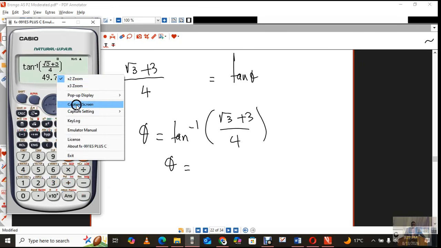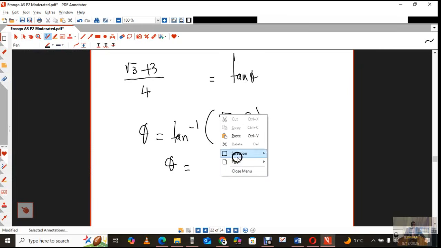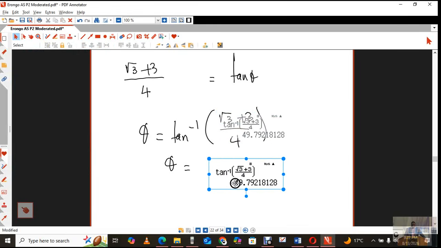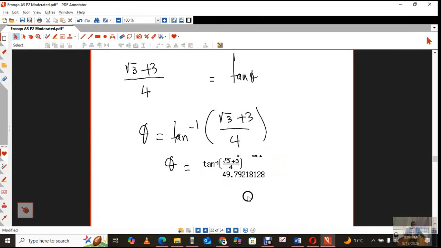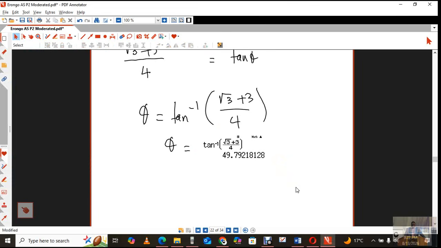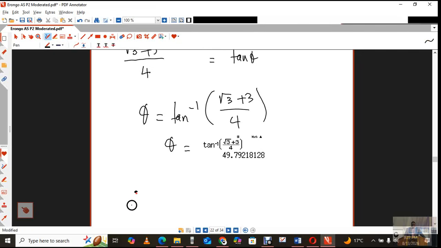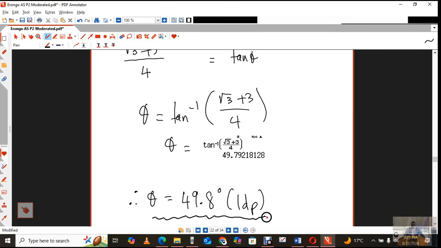All right, what do we get? We get 49 point blah blah blah. I'm just going to place it over here. So that answer, therefore, to 1 decimal place, is 49.8 degrees to 1 dp.